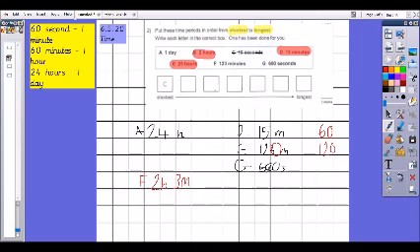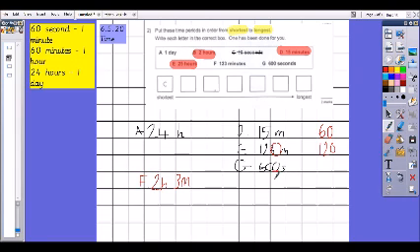Okay. Next then, we're going to have a look at 600 seconds. If I go back to my cheat sheet, I know there are 60 seconds in 1 minute. I can recognise here that 60 and 600 are related. 60 is 10 times less than 600, or 600 is 10 times more than 60.